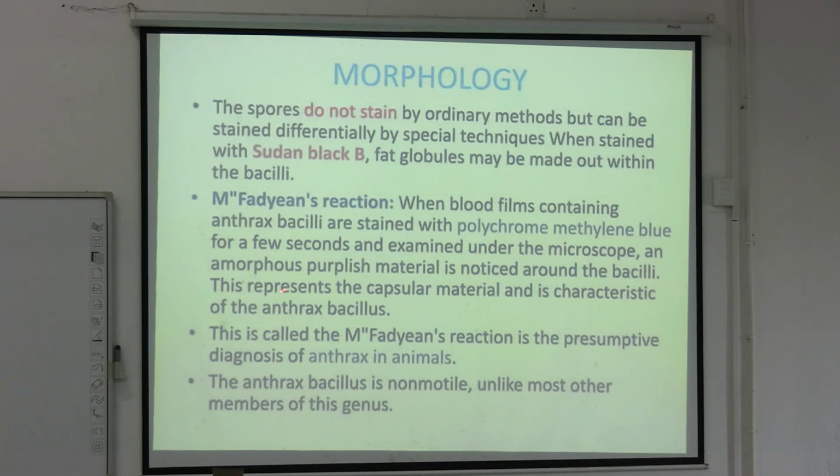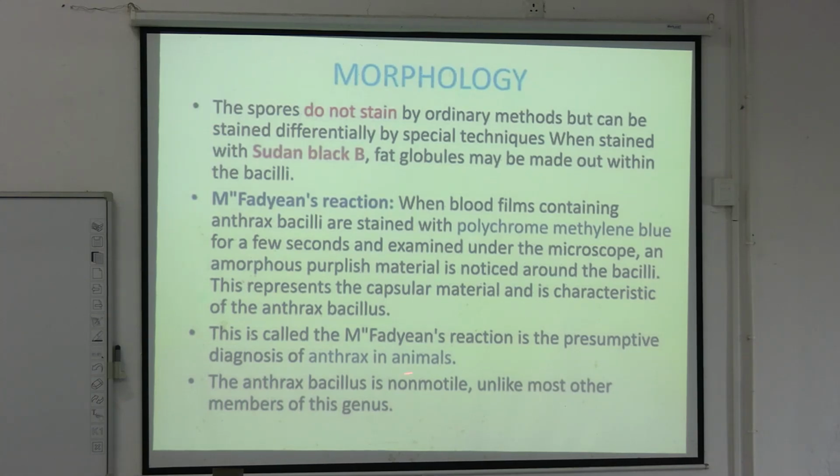So amorphous purplish material is noticed around the bacilli. This represents the capsular material and is characteristic of anthrax bacilli. So it is characteristic. McFadyean reaction, you must have to tell during lab diagnosis.